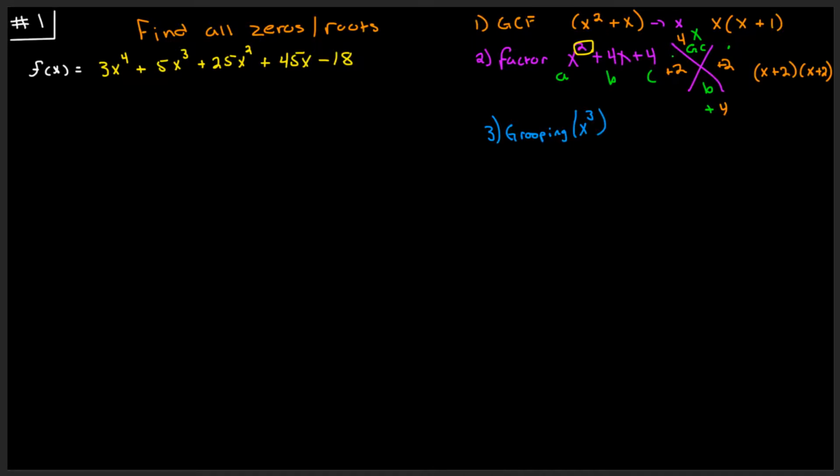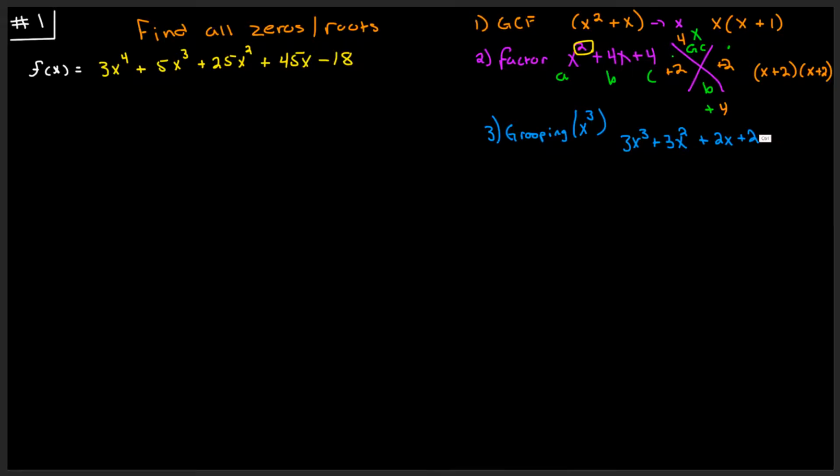Say you have something like 3x cubed plus 3x squared plus 2x plus 2.